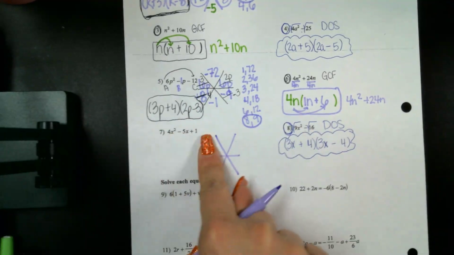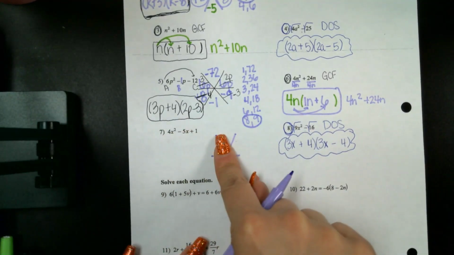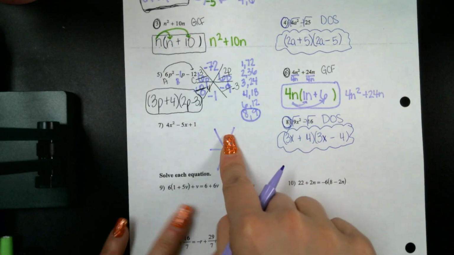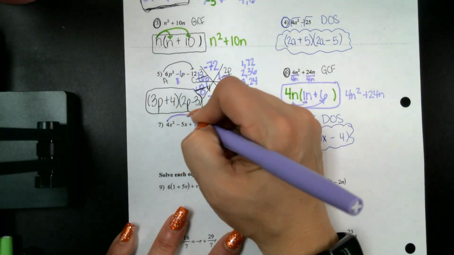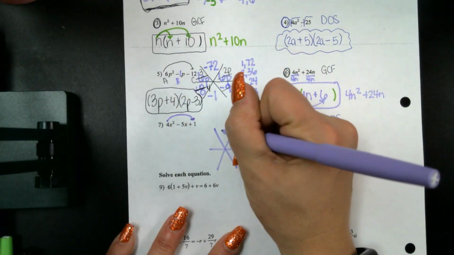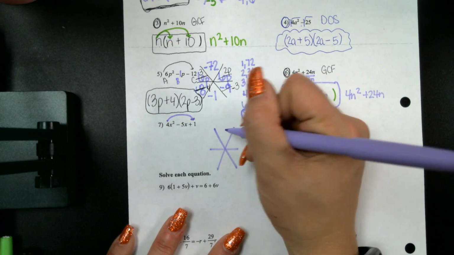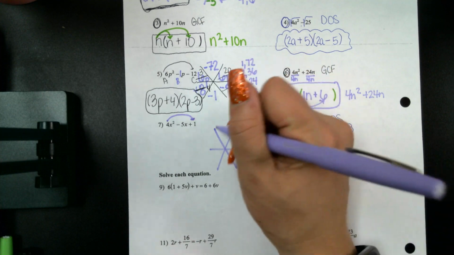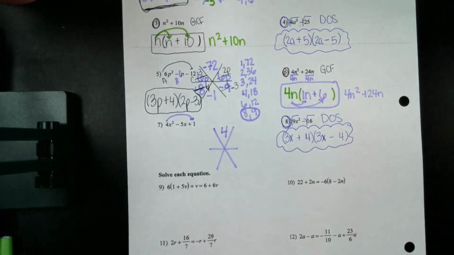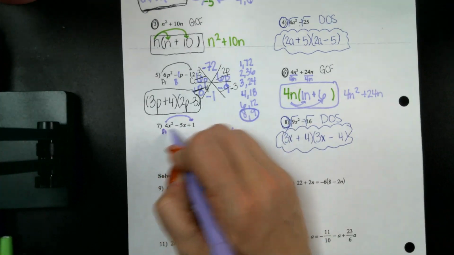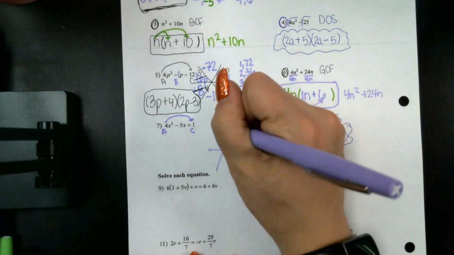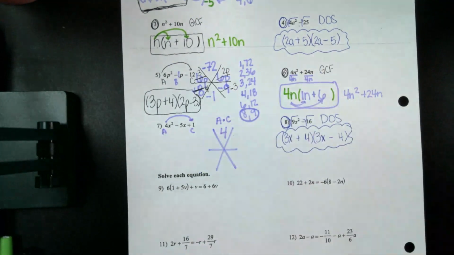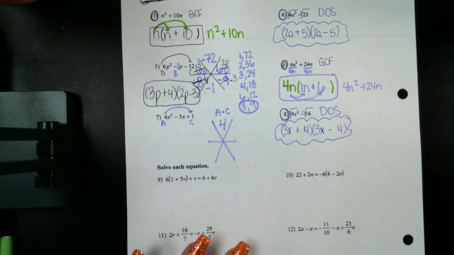We got 3 terms. They don't have anything in common, so we just jump straight to the asterisk. We're going to do 4 times 1. What's 4 times 1? 4. A times C is how to get the top number.